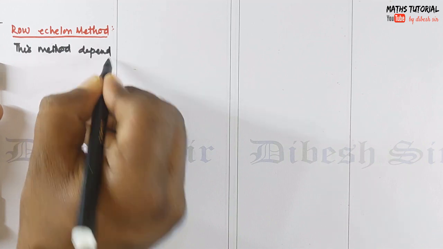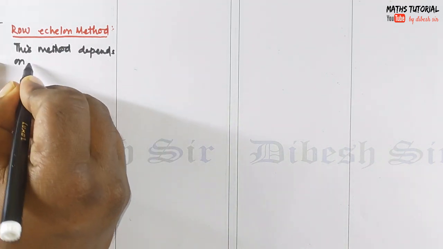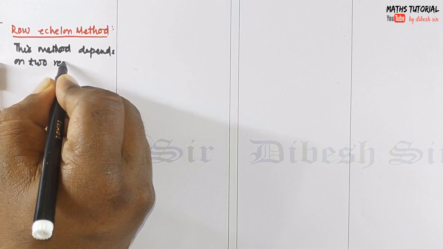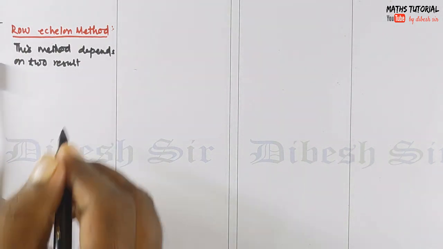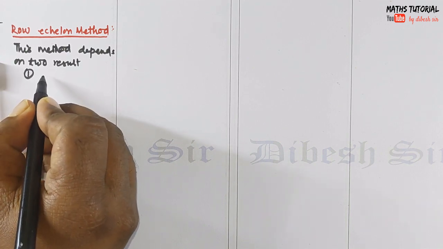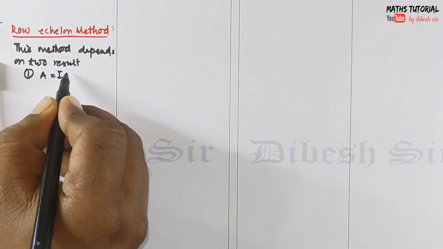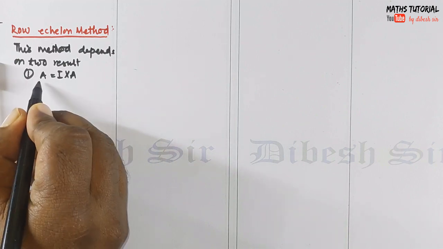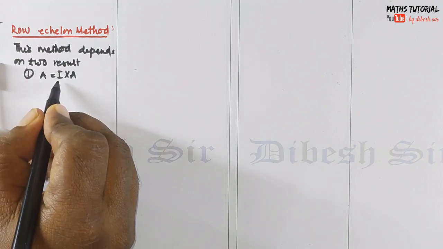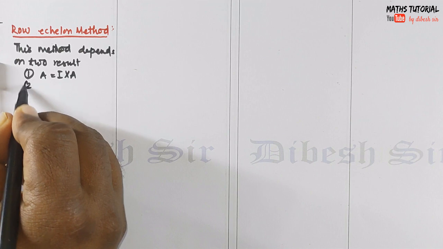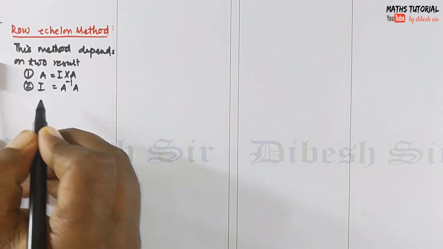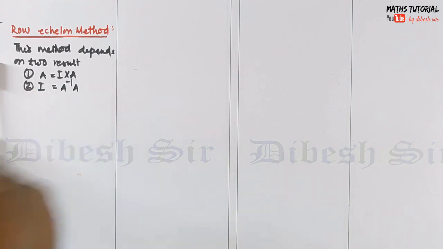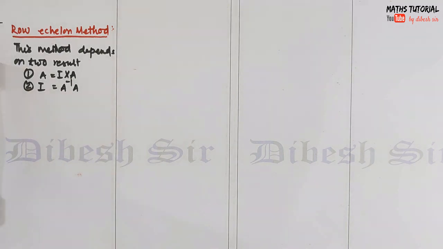First, A is equal to I cross A. We know matrix A is equal to identity into A. Second, identity is equal to A inverse A. Using these two results, we can find A inverse using the elementary method.